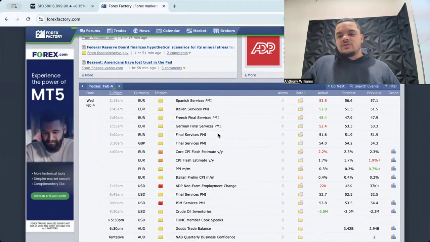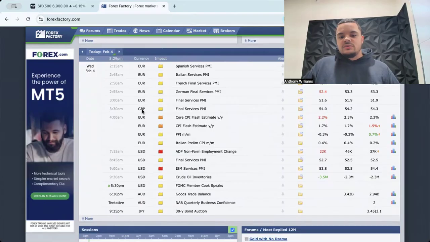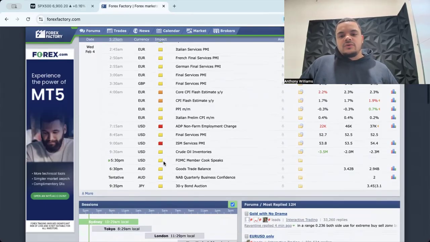Everything that you need to know that's going on in their news, this is where you go. If you trade GBP, here's the final services for the PMI. Again, Euro, core CPI, CPI flash estimate, PPI, Italian, everything. Anything that you need to know what's going on is right here.